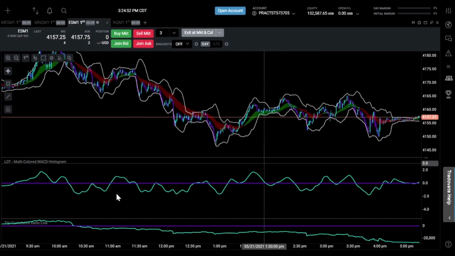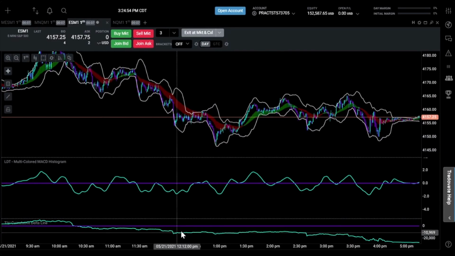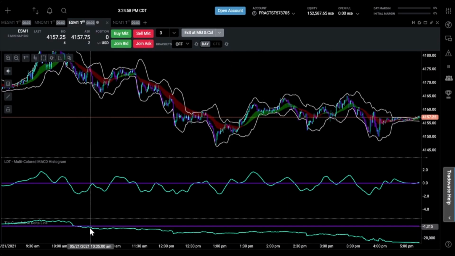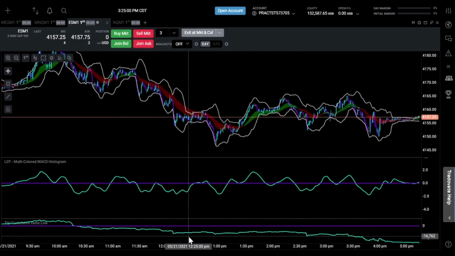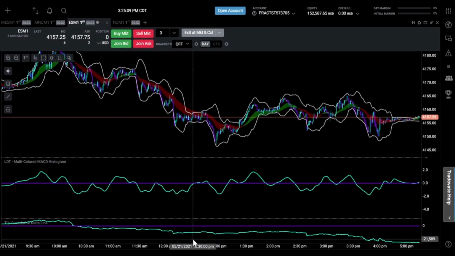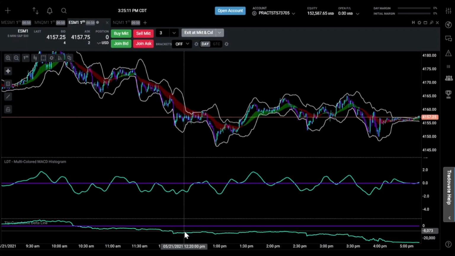We all knew it was correct. Well, that right there just kind of helps me to gauge what direction is more supportive to trade in, right? If it was above it, I would be looking for longs. If it was below it, I'm looking for shorts. It's that simple. And that's all it is.